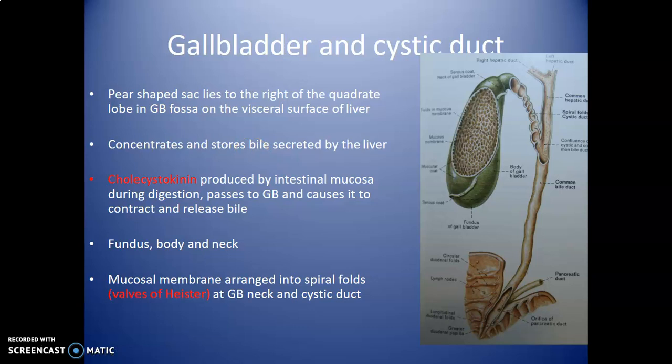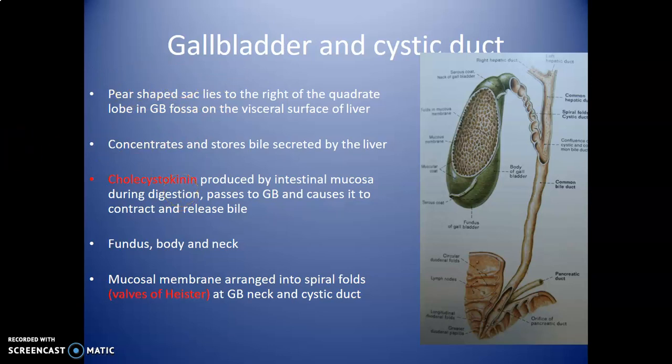So how is it able to concentrate and store bile? It's able to carry out ion transportation, so it's able to deal with the ion components of the bile, so it concentrates bile and later stores it. Then we have cholecystokinin.